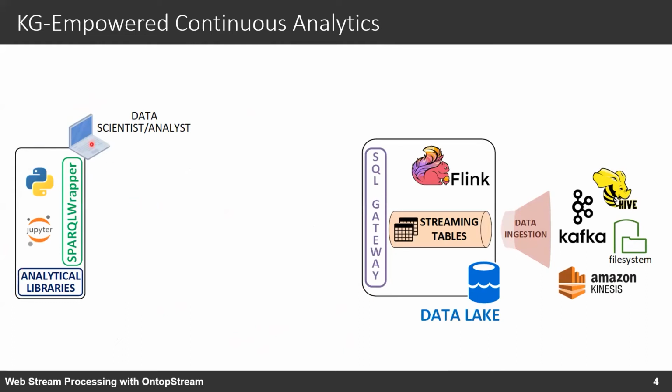For example, they do not want to query Kafka using the specific KSQL language, or query Hive using the Hive QL language, or query a file system using some other query language which abstracts the file system. They want something which is able to expose it through a common layer.